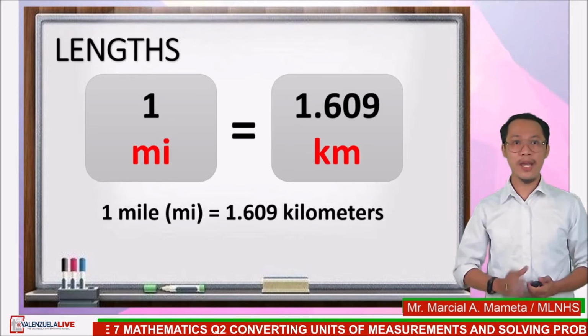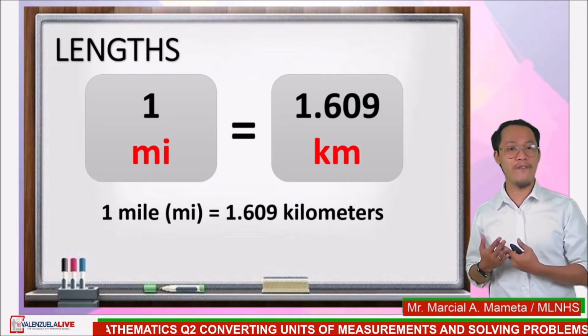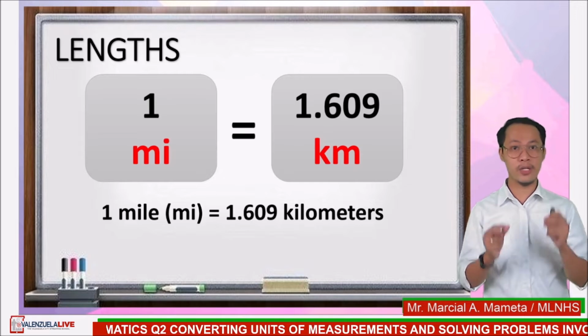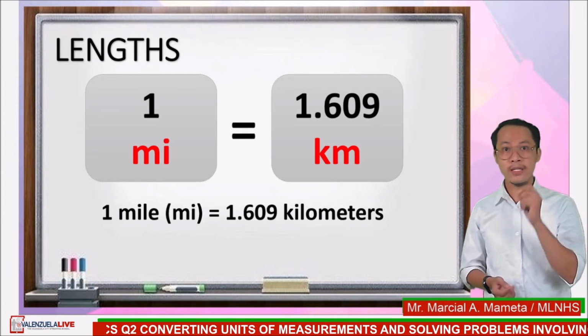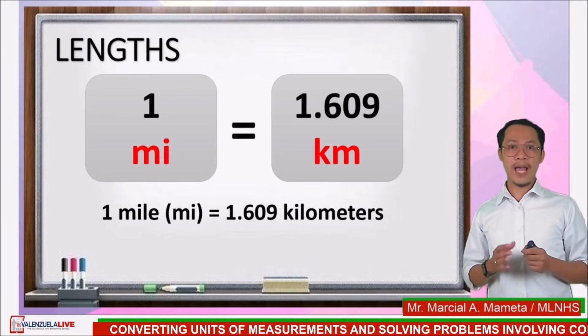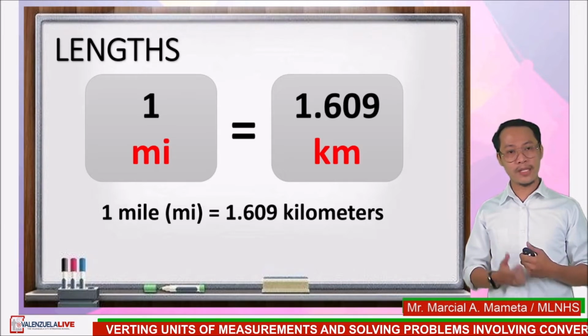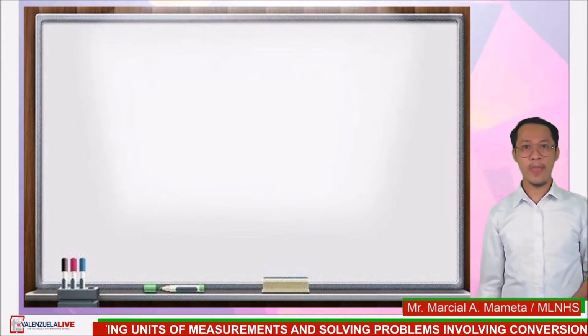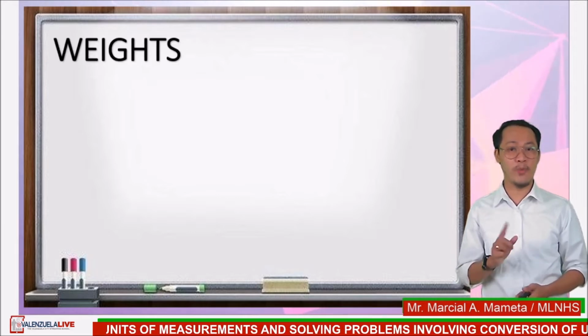So as you see, we have here the equivalent of English system to English system, or even English system to metric system. You just have to be familiar with these values. How about the equivalent measurement for weights?